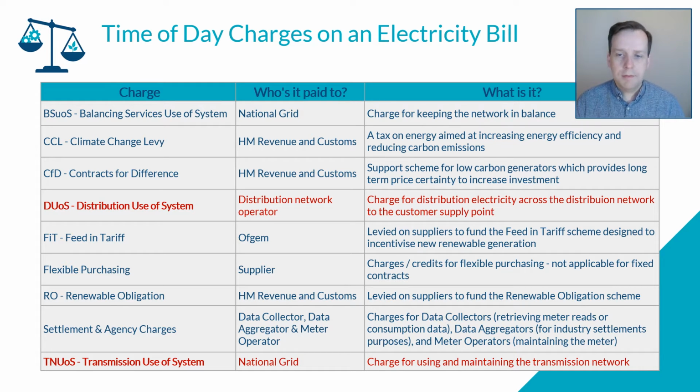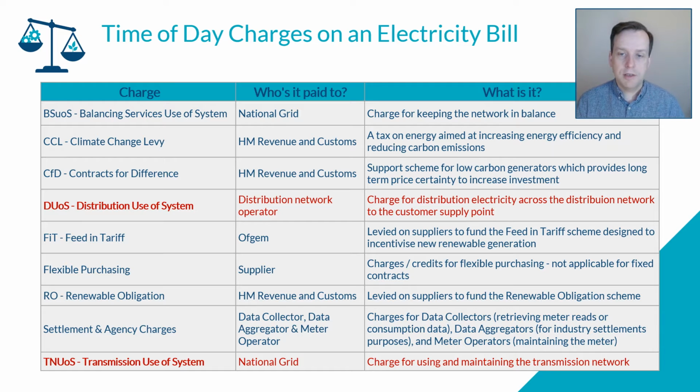Two we'll focus particularly on for the UK are DUoS and TUoS, distribution use of system and transmission use of system. In the UK, we have National Grid, who are the transmission system operator, and the distribution system is our local DNO.